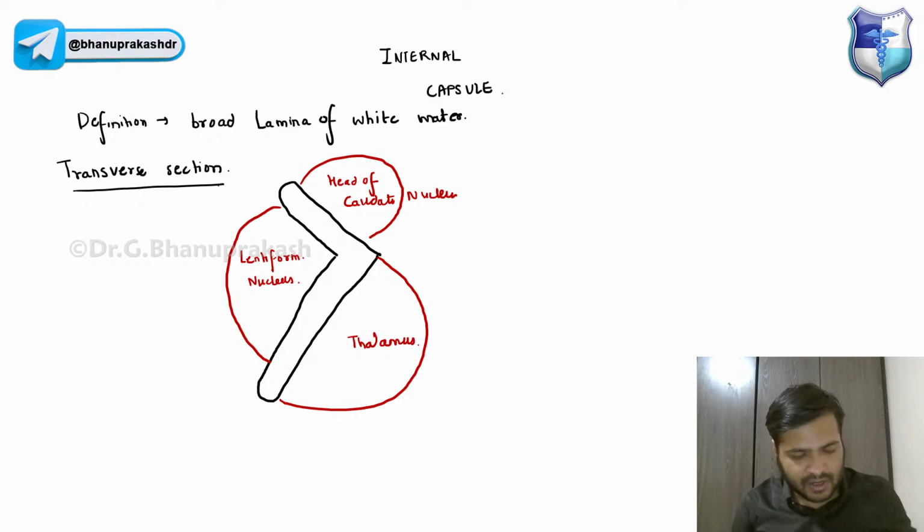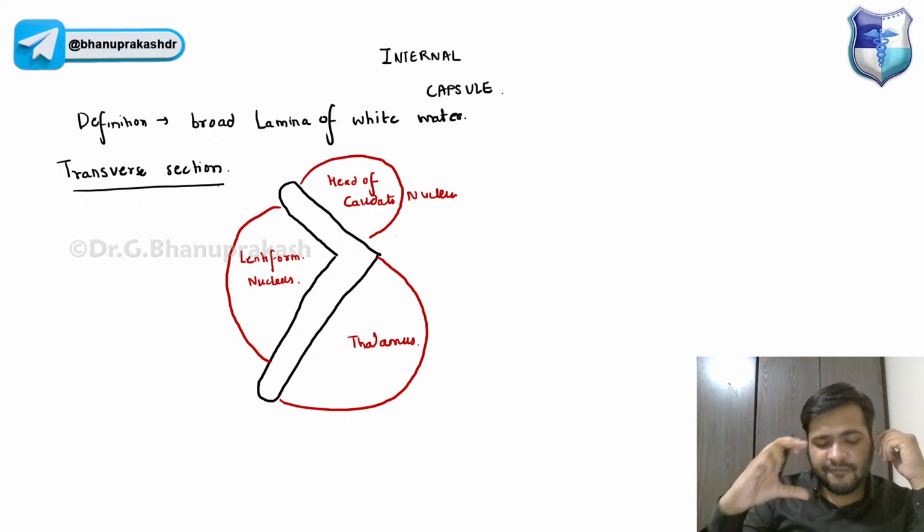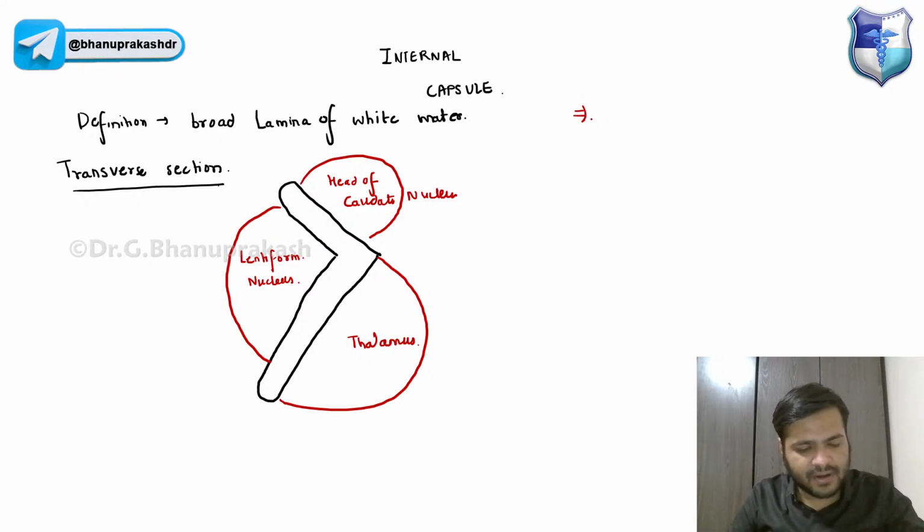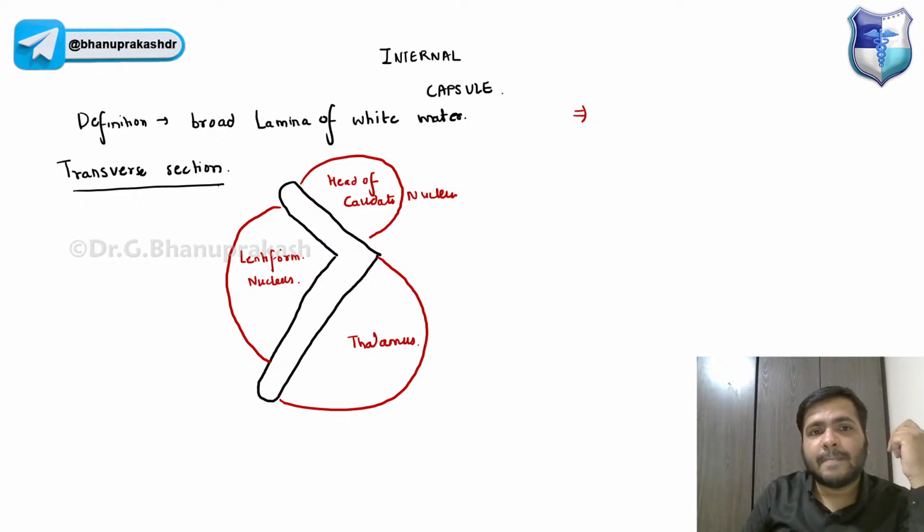Now remember, guys, it is like a folded lamina which is V shaped. Certain points you should remember: it is medial to the lentiform nucleus, and it is lateral to the head of caudate and thalamus.